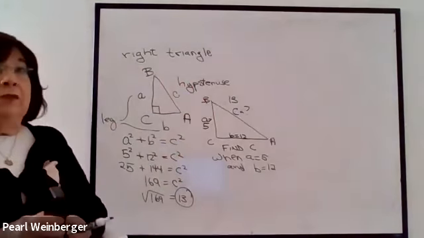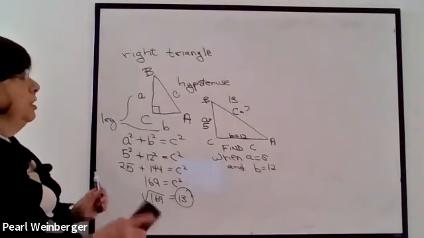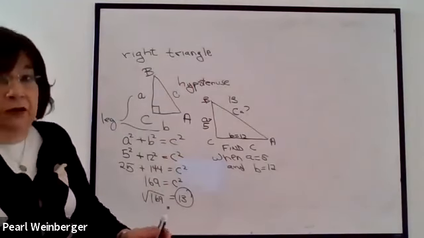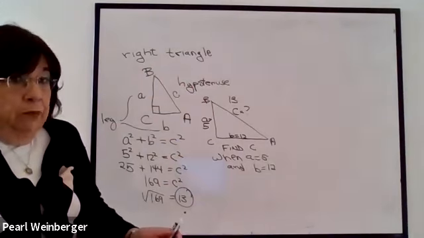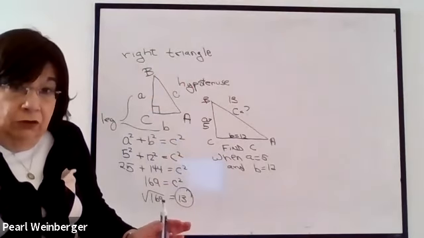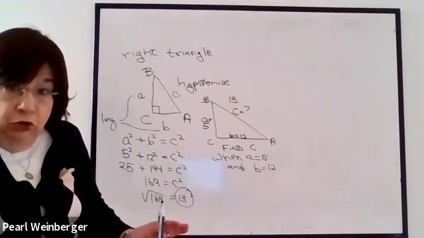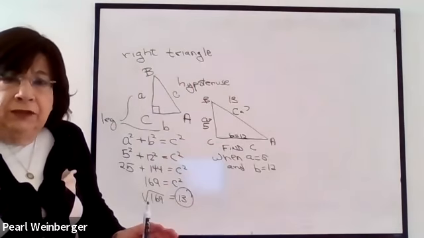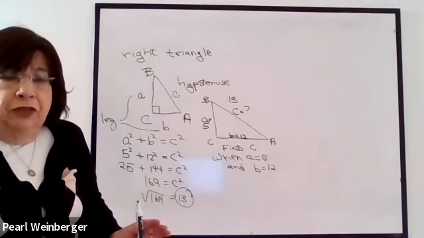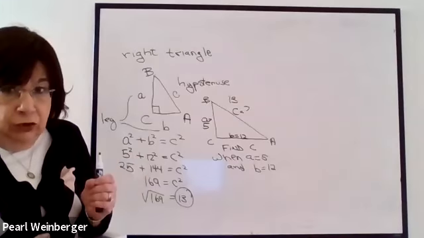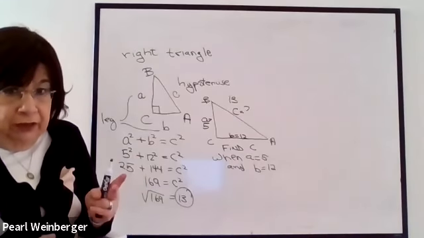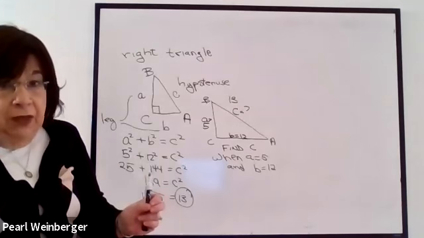So that takes care of the Pythagorean theorem, but it doesn't take care of our study of right triangles, because what the Pythagorean theorem allows us to do is find the third side of a right triangle when we know two sides. But it said nothing about the angles.